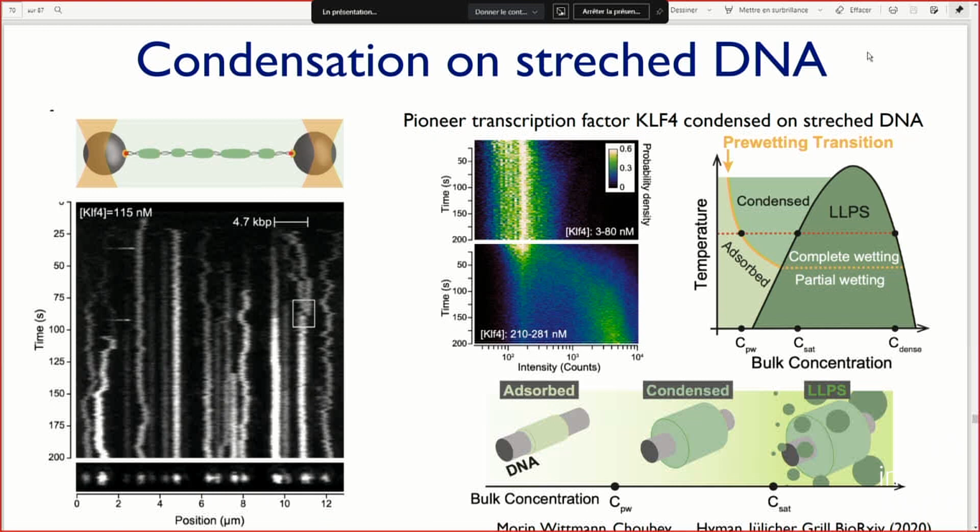So in general, if you have a phase coexistence, a phase diagram, and you bring wetting into the picture, then you can have a transition between complete and partial wetting if you have a real phase coexistence. But outside of the phase coexistence region, you can have a first order transition between a thin layer and a thicker layer below phase separation. And that's called a pre-wetting transition.